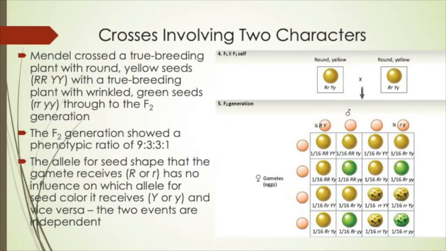Other crosses that Mendel did. So this is called a dihybrid cross. Okay. Mendel crossed a true breeding plant with round yellow seeds. So one of the traits was round and one of the traits was yellow. So one of the traits was its shape, one of the traits was the color of the seed.